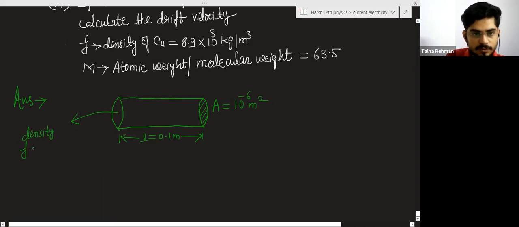Density rho is given as 8.9 into 10 to the power 3 kg divided by meter cube. And molecular weight is given.